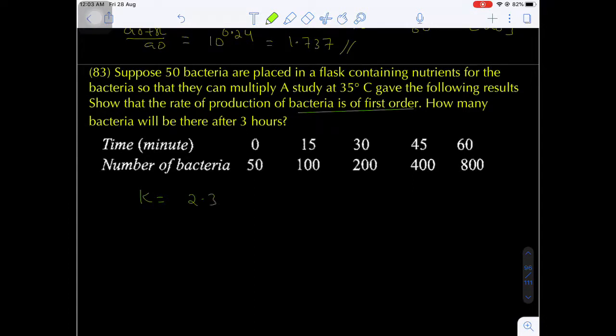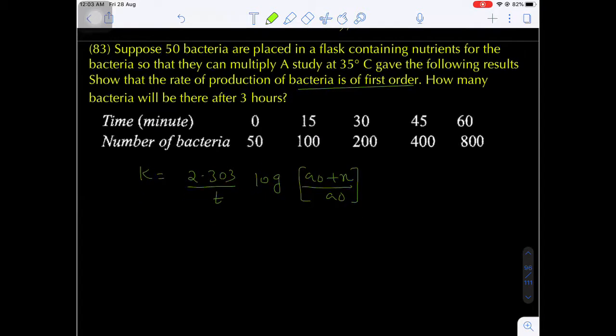K is equal to what? 2.303 by t log of (a naught plus x) divided by a naught. Now a naught is the initial concentration of bacteria, and a naught plus x is the concentration of bacteria at a particular time interval.